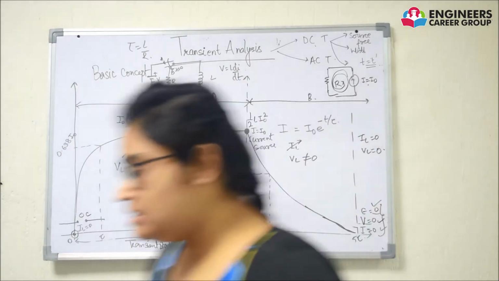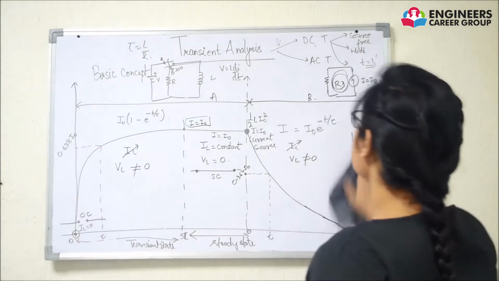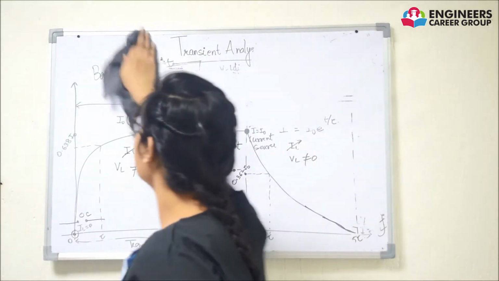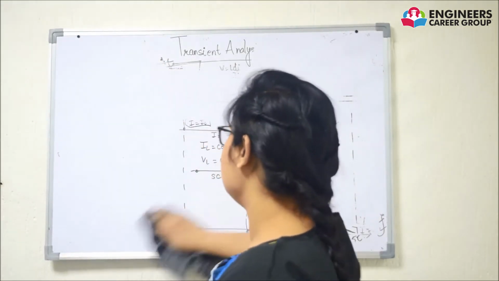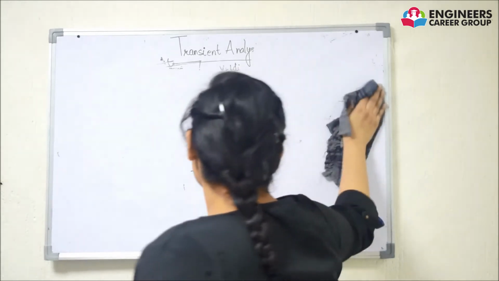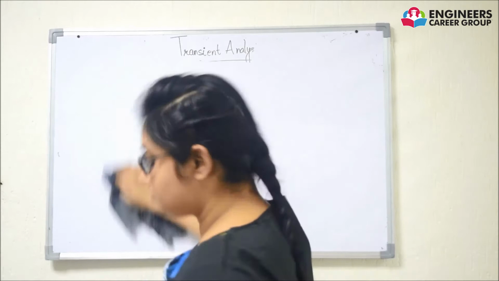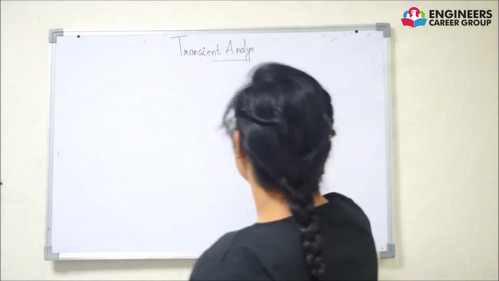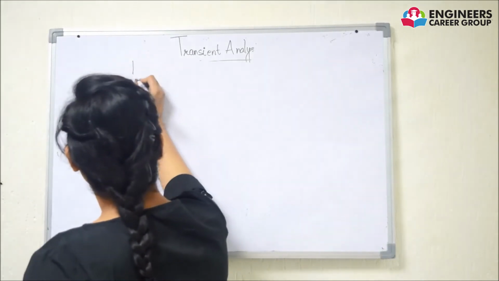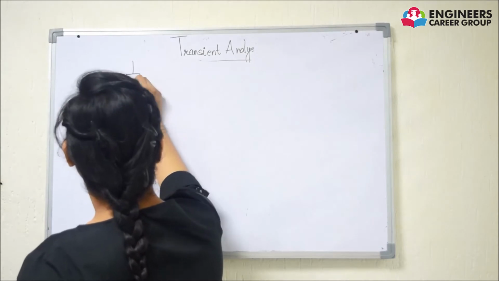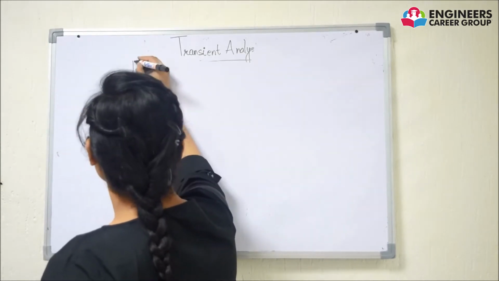Now we will study the basic concept of charging and discharging for the capacitor circuit, because transients are only observed in networks which contain passive elements, that is inductor and capacitor. Supposing we have a network which again contains a capacitor.